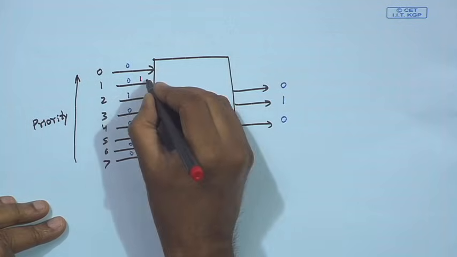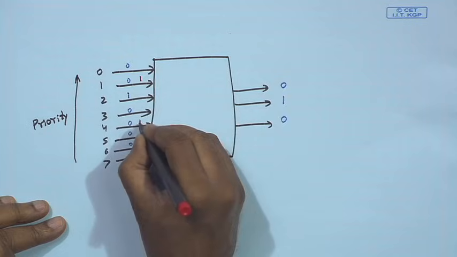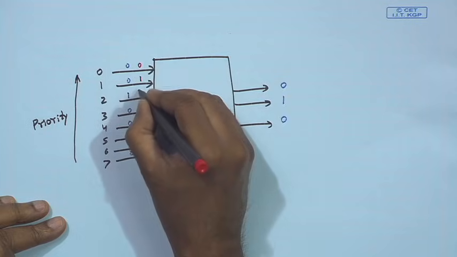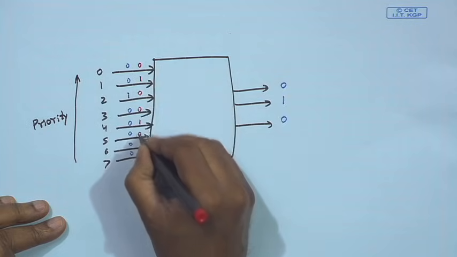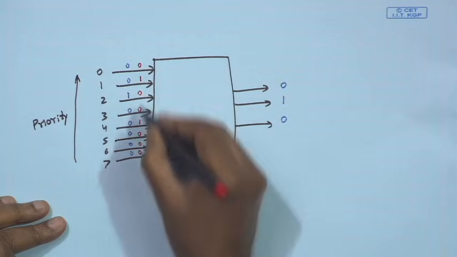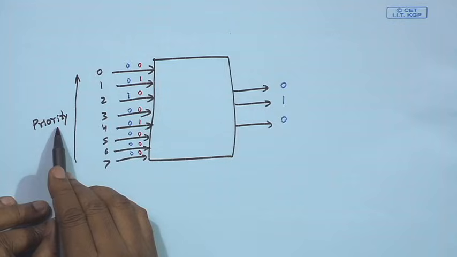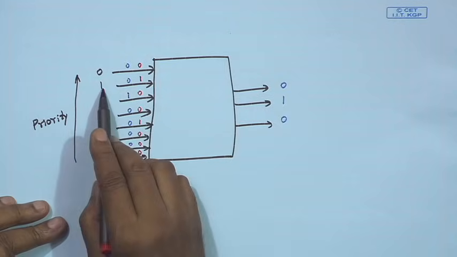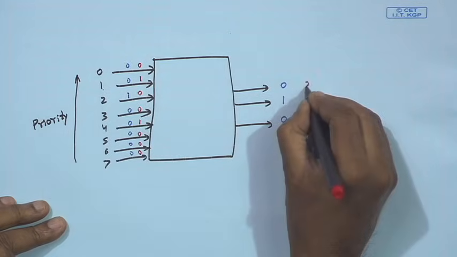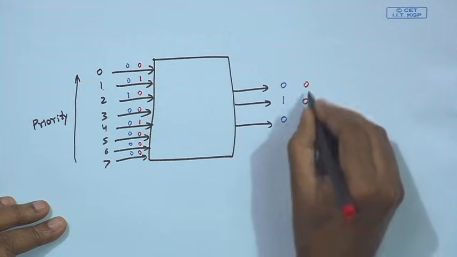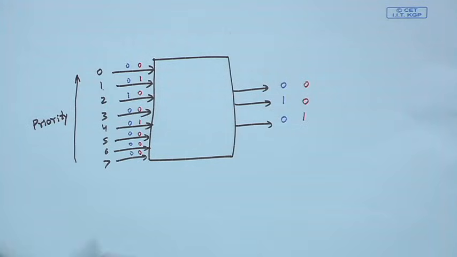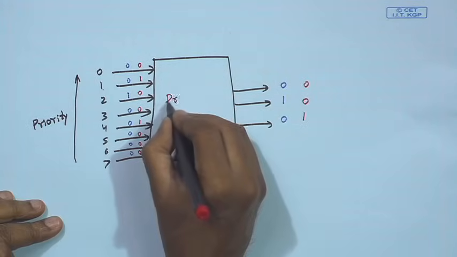Let us say input 1 is also 1, input 4 is also 1, the others are zeros. So, if more than one of the inputs are at 1, then according to the priority you choose the one which has the highest priority, that is 1. So the binary equivalent of 1, 0 0 1, should be in the output. So this is how a priority encoder works.